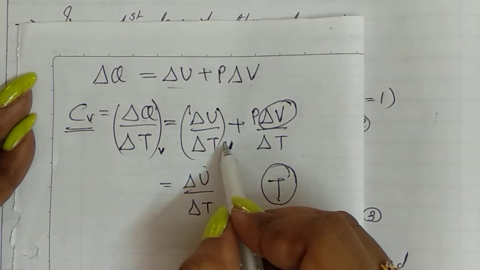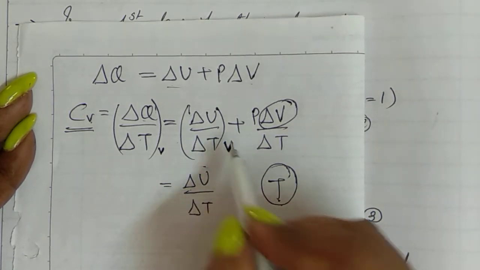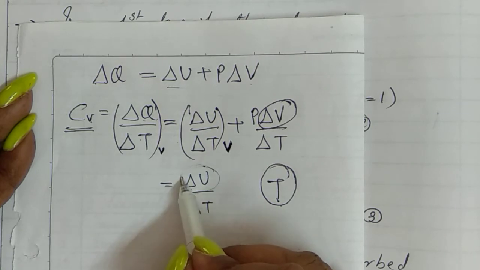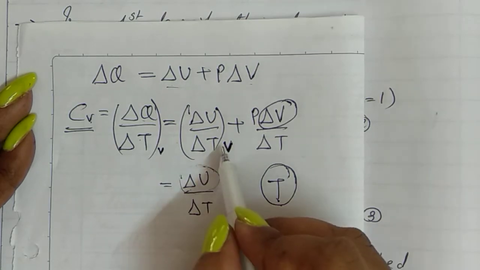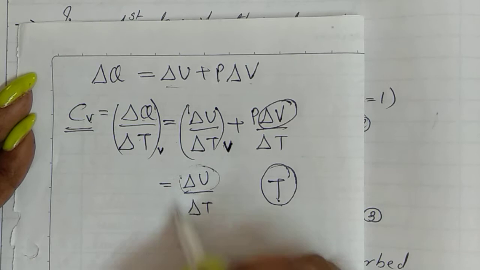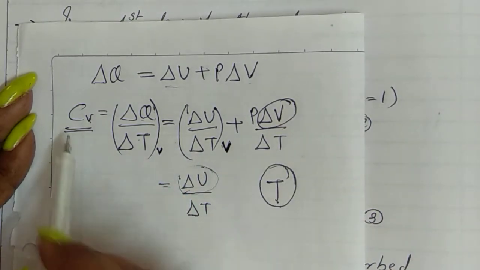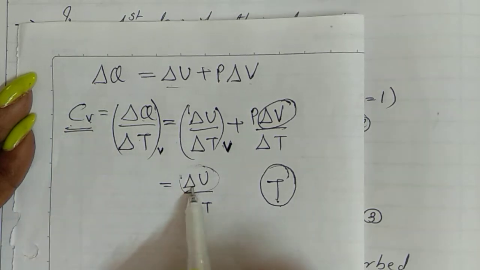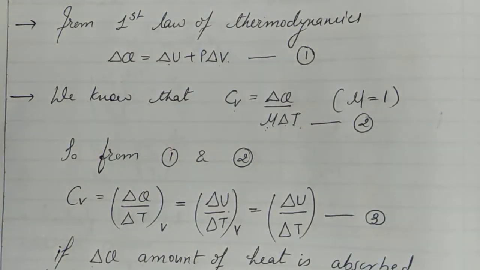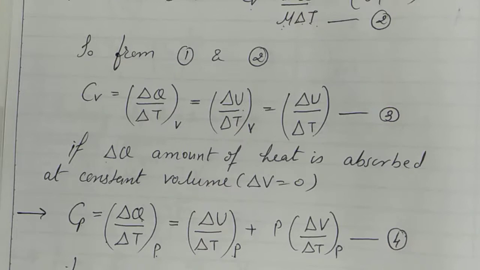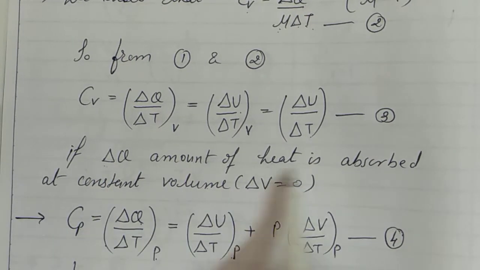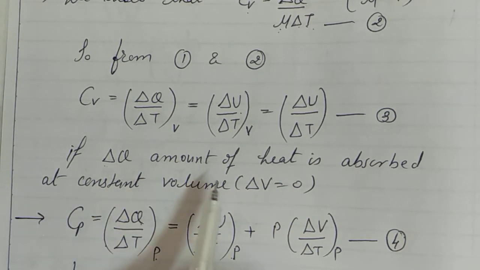So here we are keeping volume constant, so internal energy is not affected at all. So I can drop out this subscript from here. It's okay if I don't write subscript V here. So now I have obtained Cv equals delta U by delta T. This was the value if delta Q amount of heat energy is absorbed at constant volume.